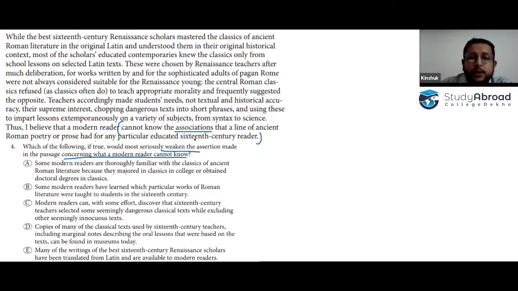He will have no association whatsoever. So that is the assertion made in the passage. The reader of current time will not be able to associate to the specific line of the ancient Roman poetry or prose. Now we have to find an answer choice that says no, it is possible, that he can know, instead of cannot know. Why? Because we are supposed to weaken it. So what are we going for? We are going for can know.